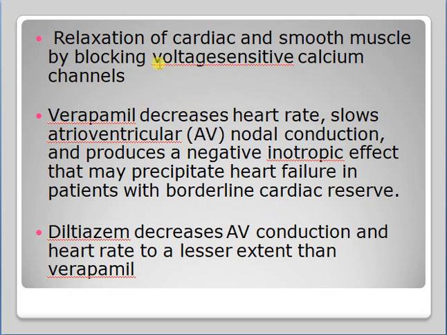So all these agents show their effect by reducing the calcium channel, and due to that there will be a negative inotropic effect and reduction in the contraction mechanism.